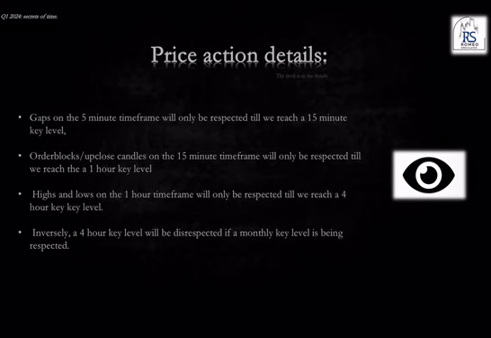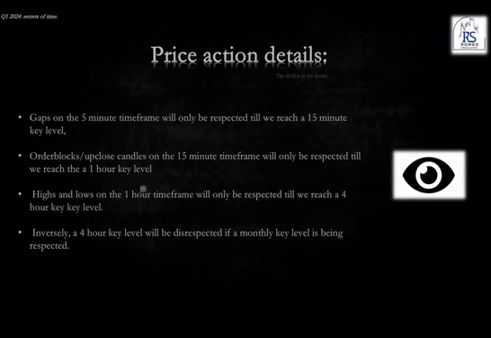This means that gaps on the 5-minute time frame will only be respected till we reach a 15-minute key level. Order blocks, up close candles, or down close, on the 15-minute time frame will only be respected till we reach a 1-hour key level.